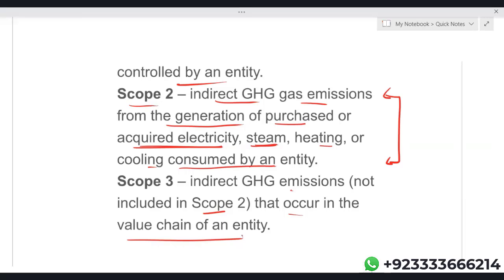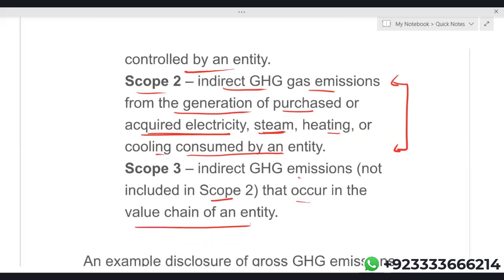Due to that, in that supply chain, there is a CO2 emission because of my work. So that is indirect greenhouse gas emissions not included in scope 2 that occur in the value chain of an entity. Obviously, when I'm converting a raw material to finished goods, I'm creating value in my product, but during that also there is greenhouse gas emission.